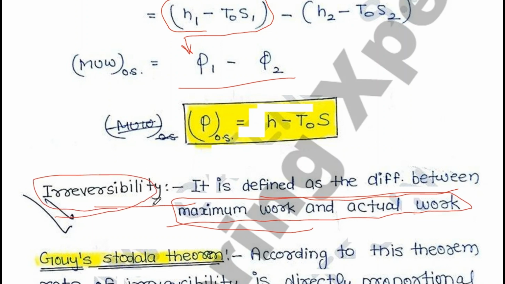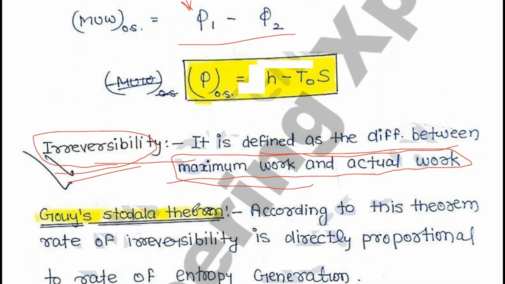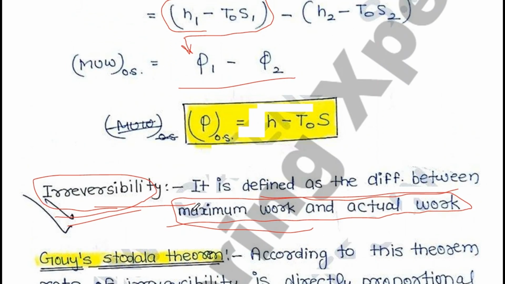I have discussed in my entropy lecture that irreversibility is the reason for reducing the work output or efficiency of a cycle. If the same cycle is reversible, then there would be no difference between these two things.